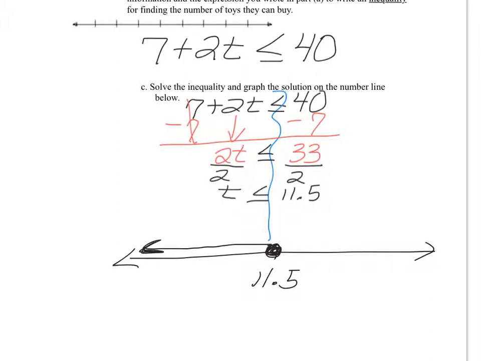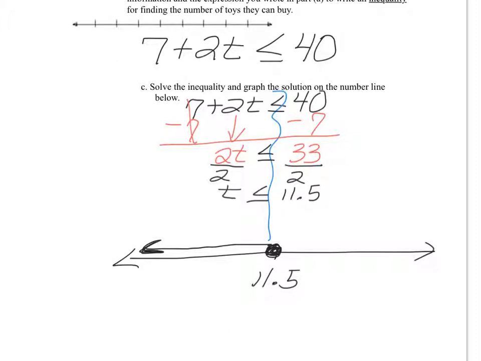I can't buy more than that. Notice that this says 11.5. Can I buy half a toy? Can I go up to the register and say, can I please have half of this squeaky toy? No, I cannot. So you really can't buy 11.5 toys. So can I buy 12 toys with my $40?